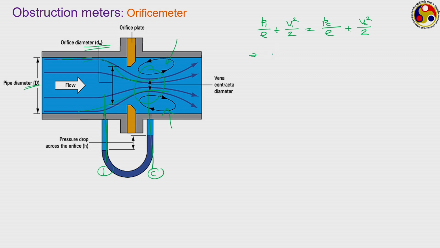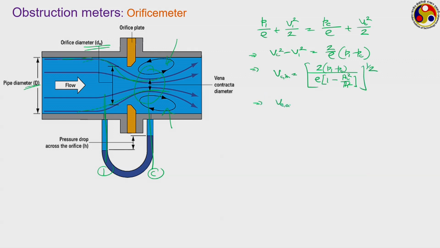Accordingly, Vc square minus V1 square is equal to 2 upon rho into P1 minus Pc, and just as we have done earlier, Vc theoretical becomes equal to [2 into (P1 minus Pc) by rho upon 1 minus Ac square by A1 square] whole to the power half.